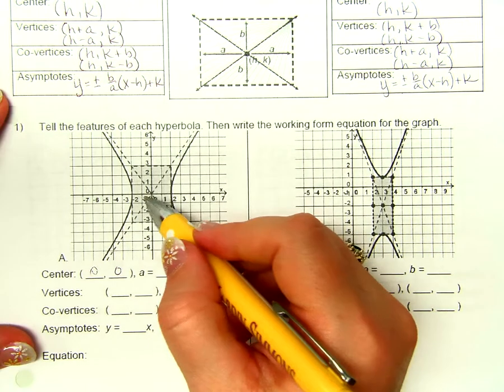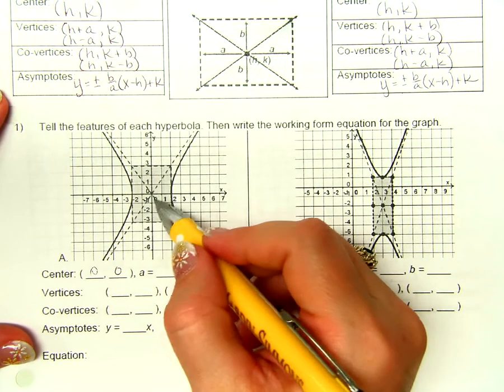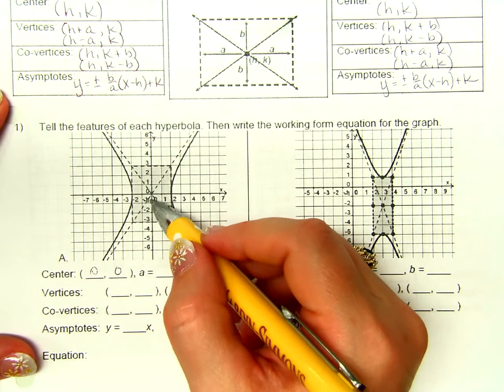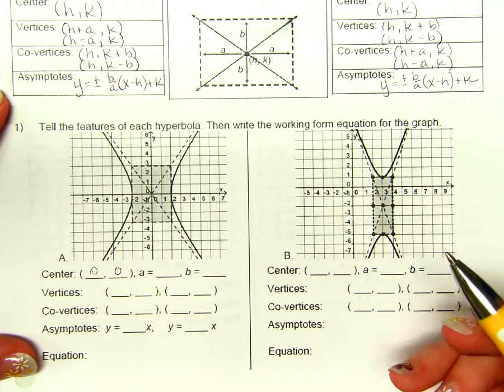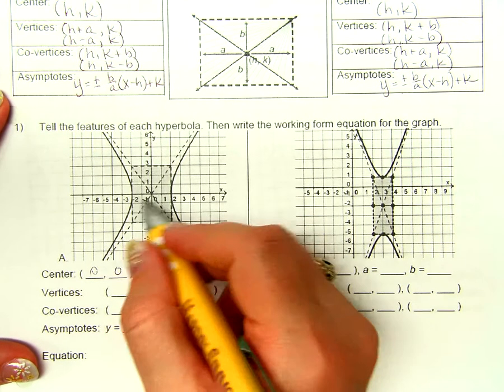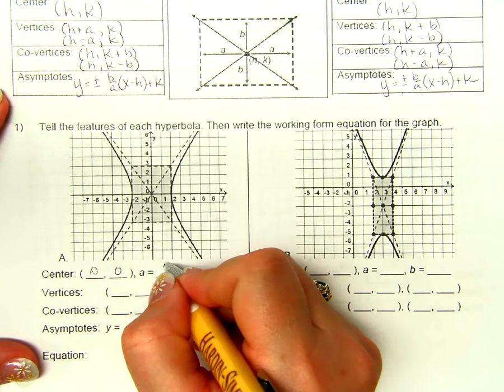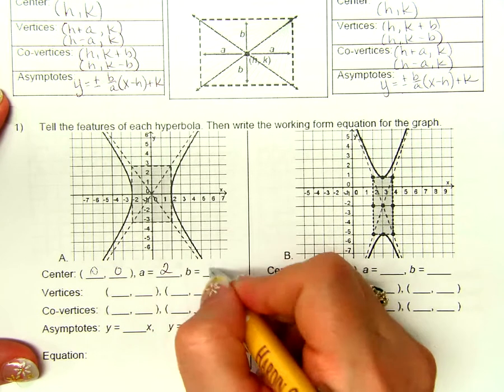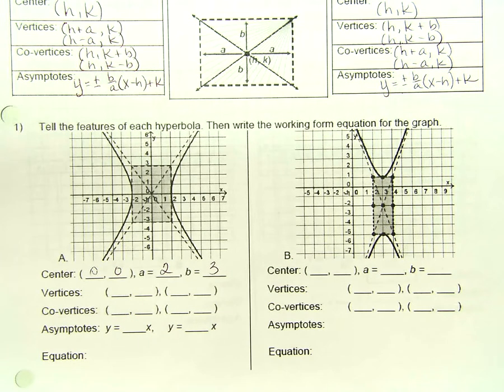Okay? 2 this way, 2 this way, 3 this way, 3 this way. So again, that gives me proof that that's a center, but it also gives me A and B. So in this case, our horizontal distance is 2. Our vertical distance is 3.